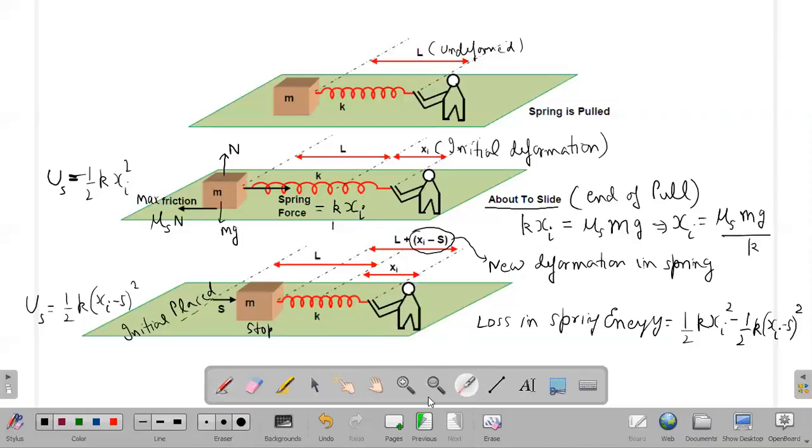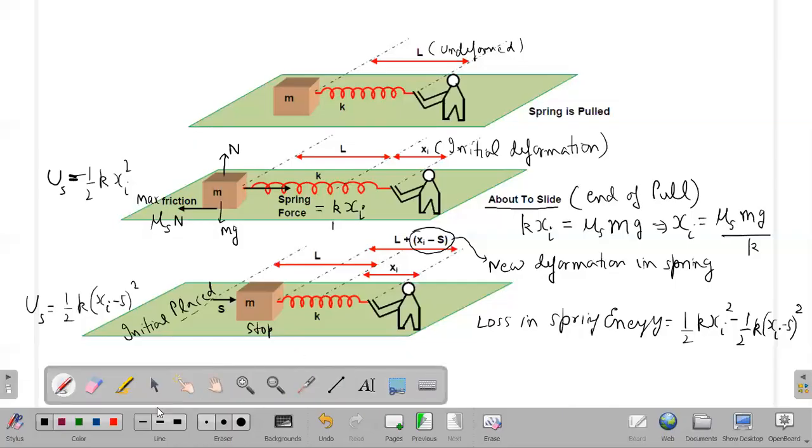Notice the block is sliding by a distance of capital S. So during the sliding, there will be a kinetic friction force acting on the block, and the block will move against that kinetic friction force. There will be rubbing between the block and the surface. So some heat will be generated due to the work done by the friction force, and that heat will be compensated from the loss in the spring energy.